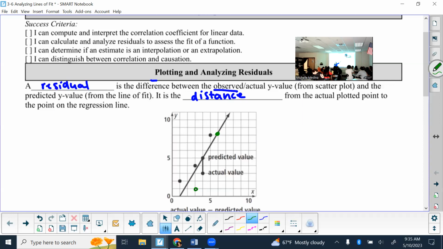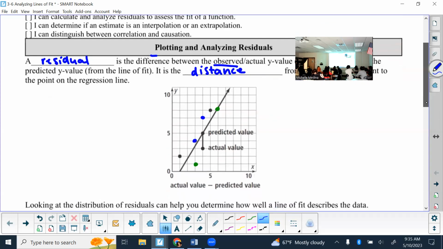Does that make sense now? So then what about in comparison to this one? And let's do that dot right there. Which one has a greater residual, the one on the left or the right? The one on the right, because it's farther from the line. Does that make sense? Okay, so that's how you can tell it visually.